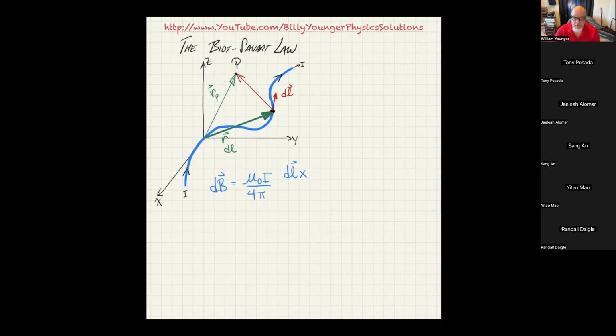Let me put up the comments in case somebody's typing it in. Nobody has any guesses on that one? So what can you do with R sub P and R sub dl to make a vector that points from the end of R sub dl to the end of R sub P?